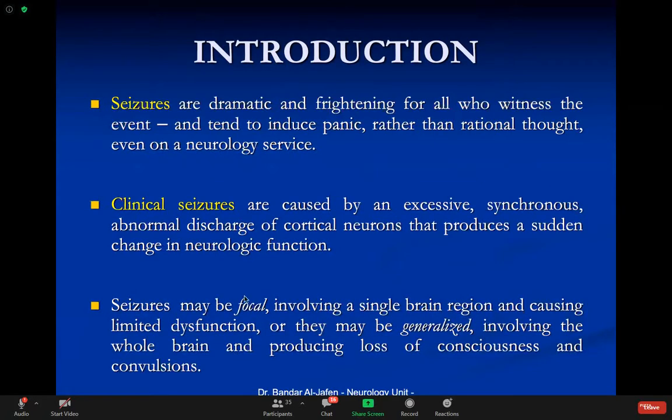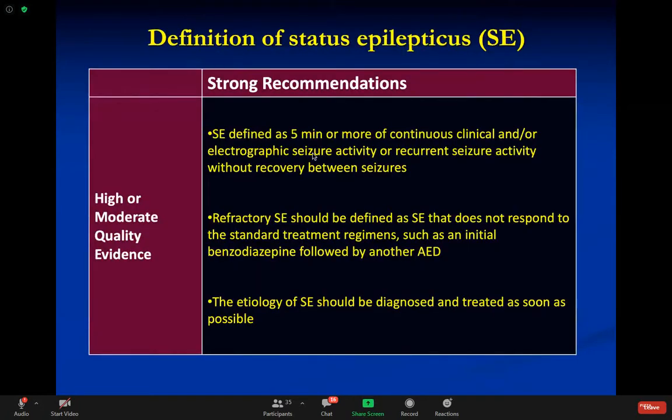And we know that it may be focal and it may be generalized. So status epilepticus is defined as 5 minutes. Remember when we were talking initially, we said 20 minutes, but really a strong recommendation is to consider it more like a 5-minute event. Once the seizure is going on for 5 minutes, the chance is really small that it's going to subside by itself if you don't do anything.